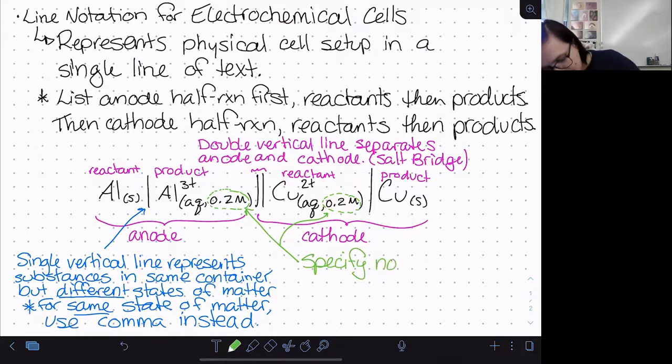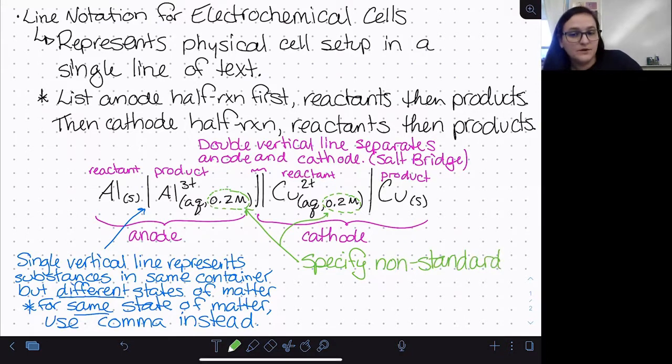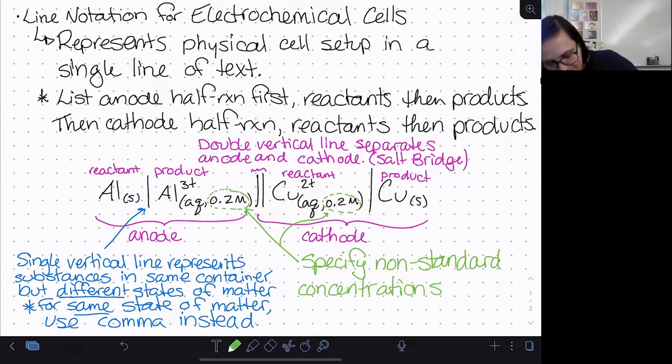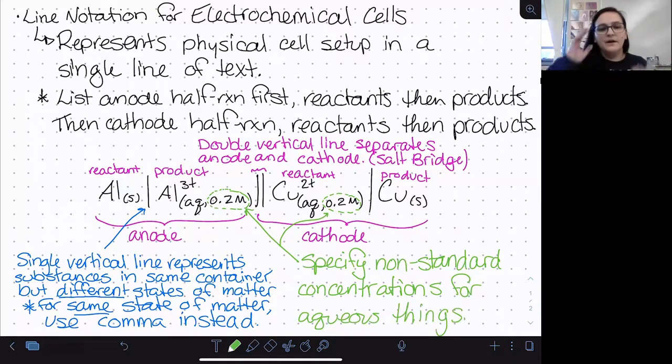You can specify 1 molar as well, and that's totally fine. It's just not necessary. So we can specify non-standard concentrations for aqueous things along with our state of matter there.